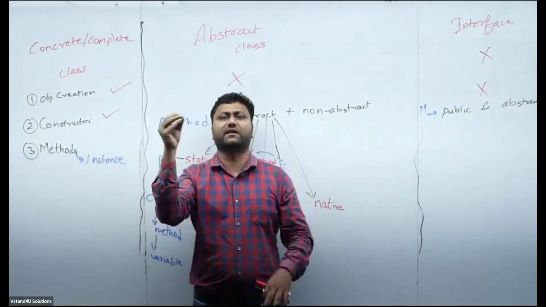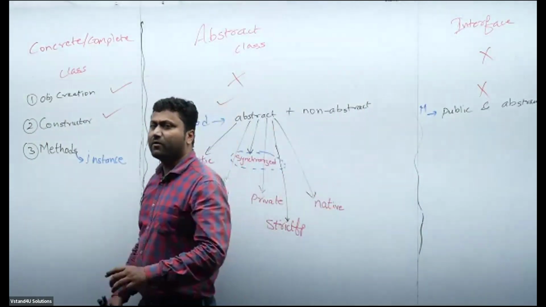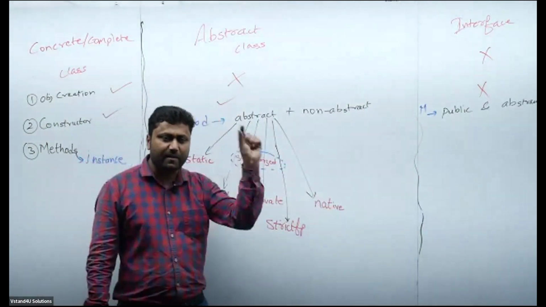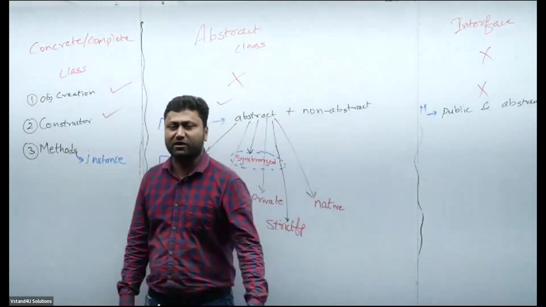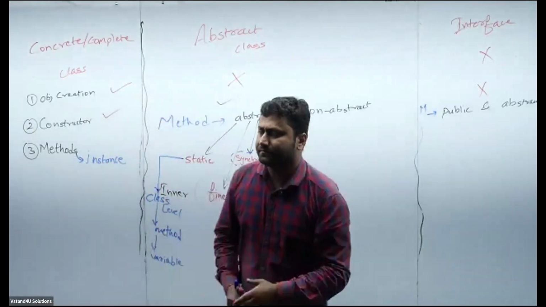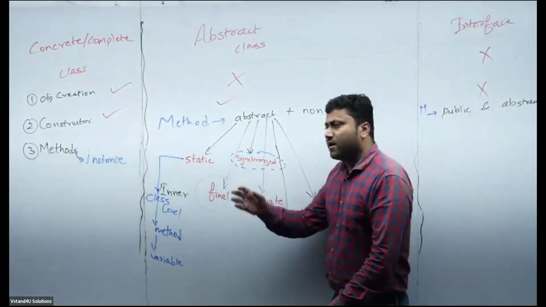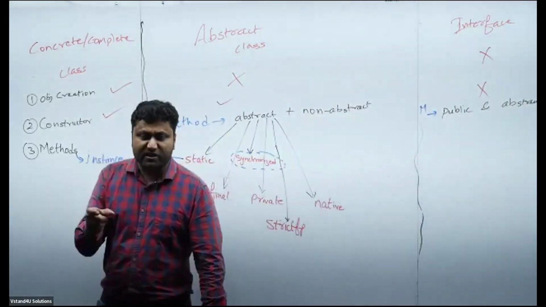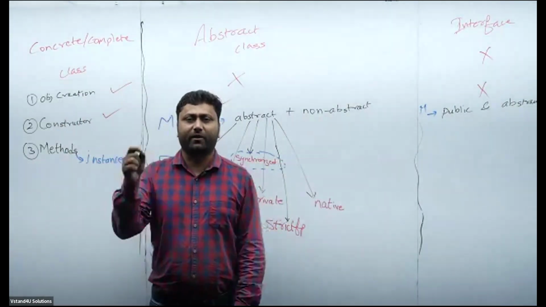In that case, I'll mark that method as strictfp. Strict floating point means a method whose implementation returns the same number of digits across all platforms. Such methods are strictfp. Am I clear, everybody? Strictfp means the number of digits after the decimal remains the same across all platforms for a particular method.